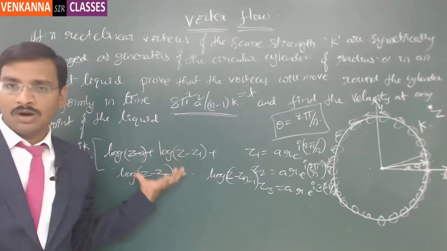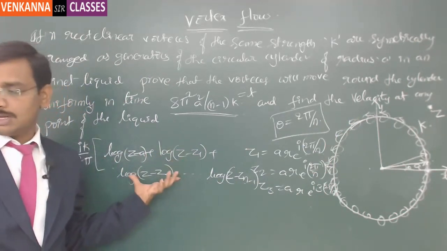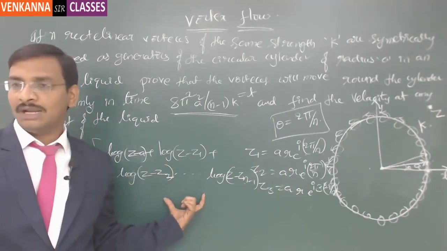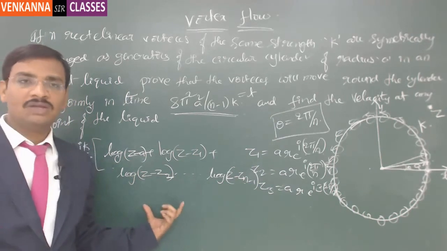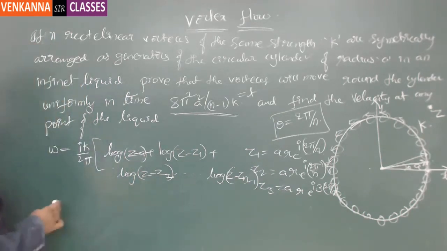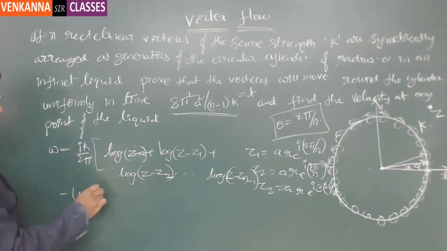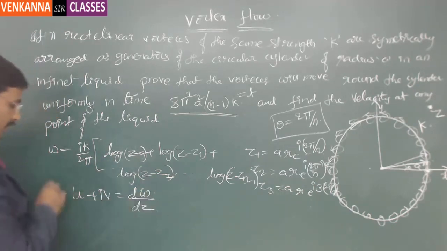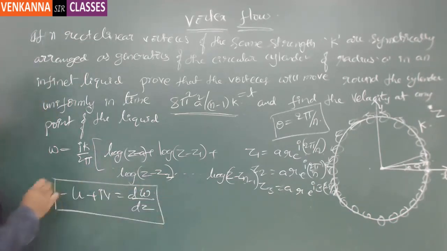So this is a simple complex analysis. You need to take it, and finally separate the real part and the imaginary part, and find the velocity, the complex potential. Actually we have a beautiful relation, that is minus u plus iv is equal to dw by dz. This is a very important relation which will simplify our work to a great extent.